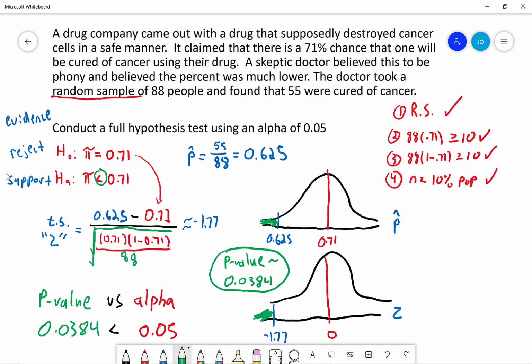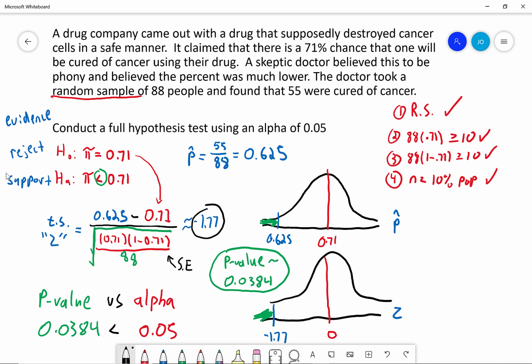Now let's interpret some of this stuff that we just went over. Our test statistic, negative 1.77, is saying that our sample proportion, 0.625, is 1.77 standard errors, because this whole function right here is our standard error, below our assumed population proportion.